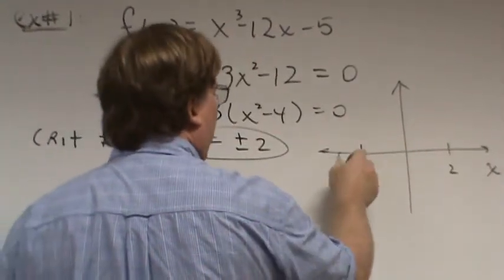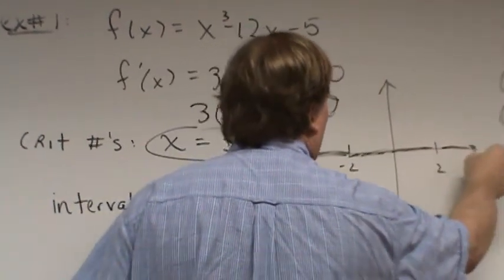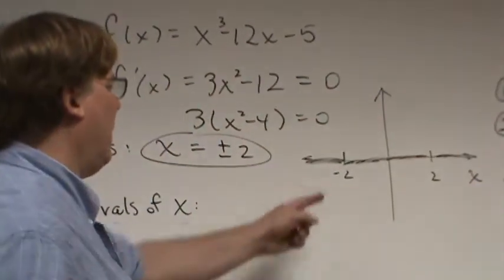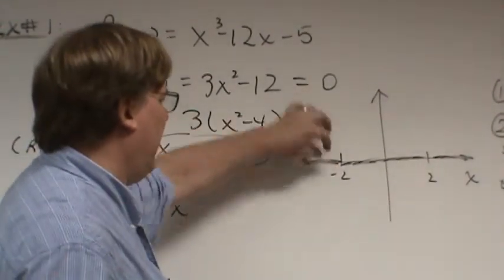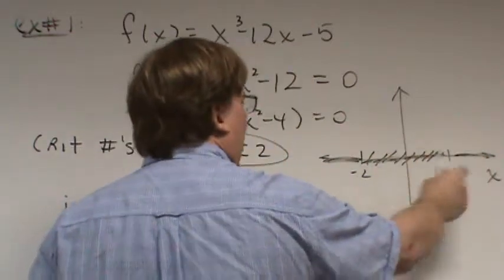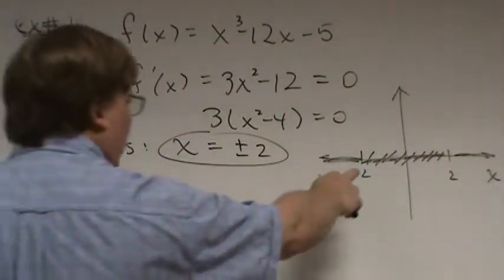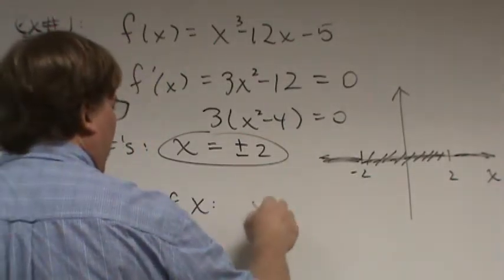So I'm essentially dividing my function into 3 regions, right? I need to know whether my function's increasing or decreasing on this region, on this region, and then on that region. And so the intervals are going to be bordered by those critical points.